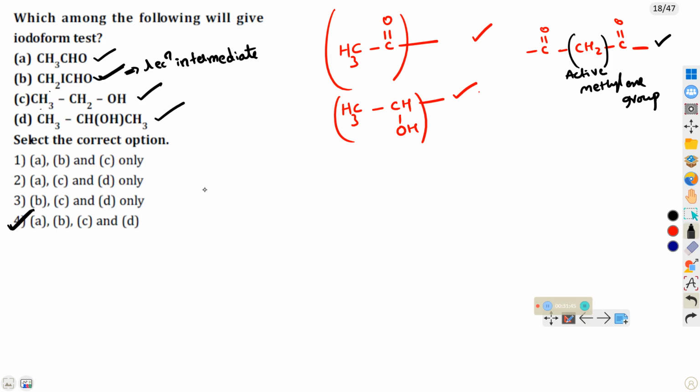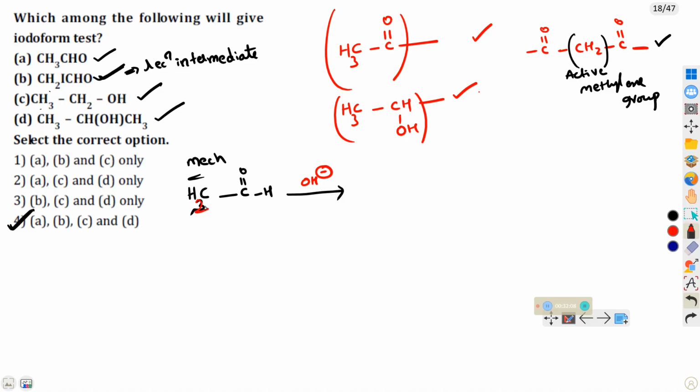How? For example, you can see the mechanism. CH3CHO reacts with the base OH minus. The base reacts with acidic hydrogen.